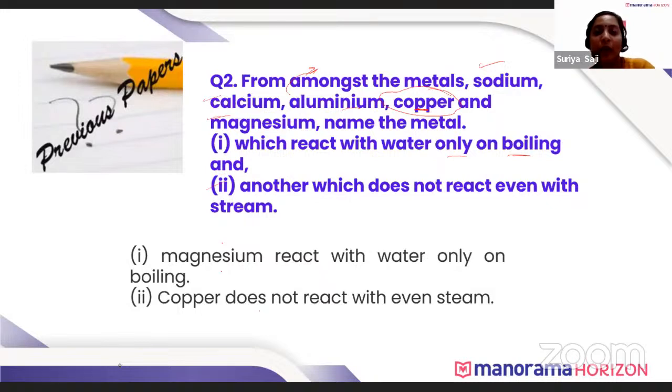Okay, you have answered. This is the way we need to think. When we get a question, we have to analyze it. We know the reactivity series roughly, it should come to our mind. We know that group 1 and group 2 elements are highly reactive. So how many options can we eliminate? That way we need to attempt a question.